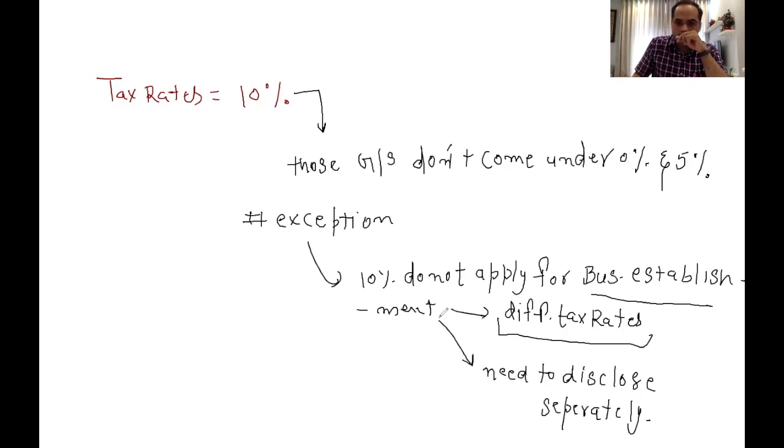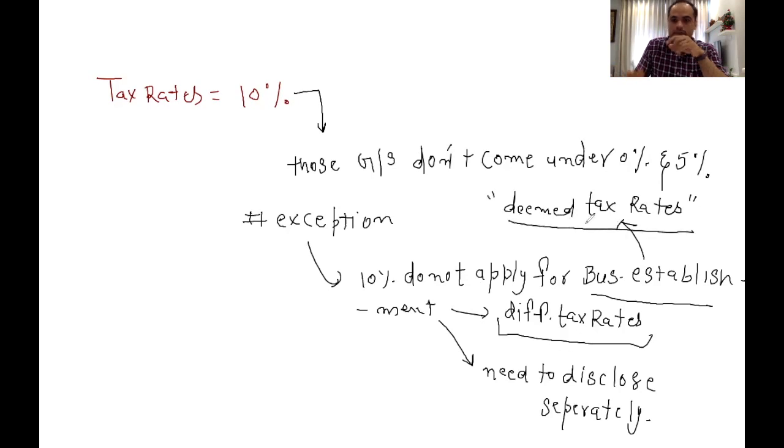So let me write down here, do not apply. What does apply, we call it deemed, right? So deemed tax rates. We will have a look at these deemed tax rates in our next part. So deemed tax rates apply on it, not this 10%, and which is, I guess, 1%, 5%, and 2%.